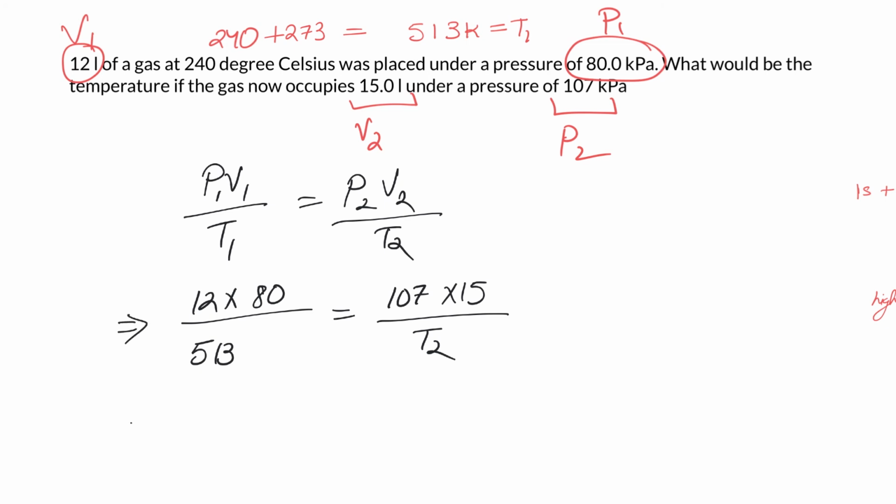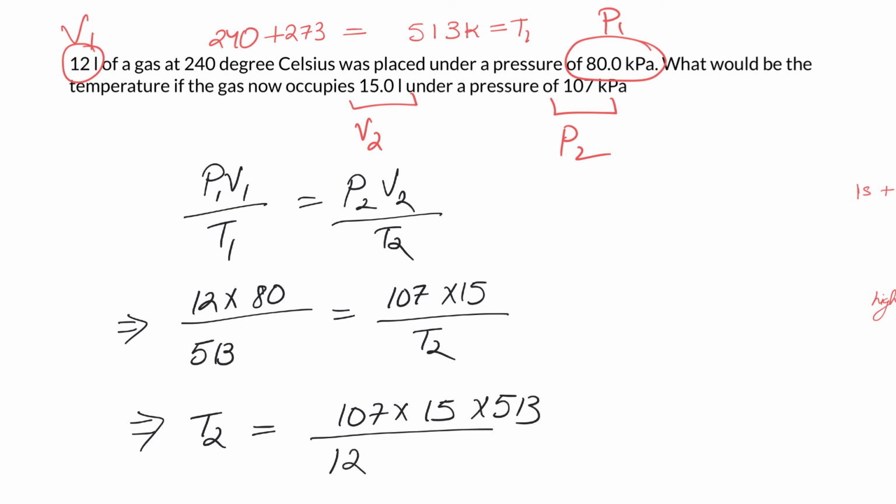If you rearrange for T2, that should be 107 times 15 times 513 upon 12 upon 80, right? At the same time, you can put in the units there and that would work just fine.